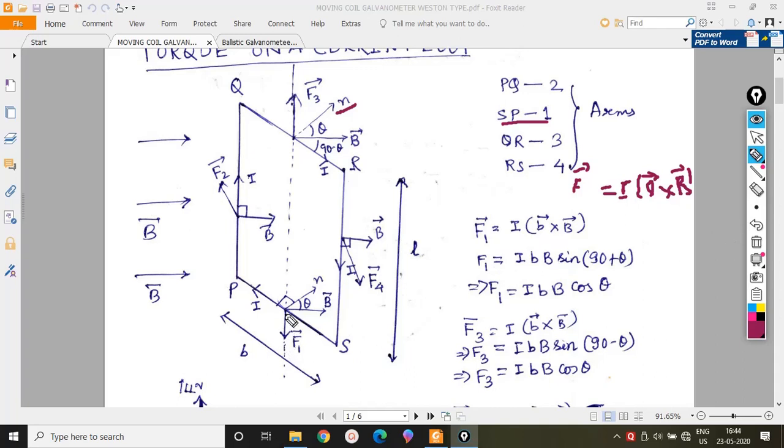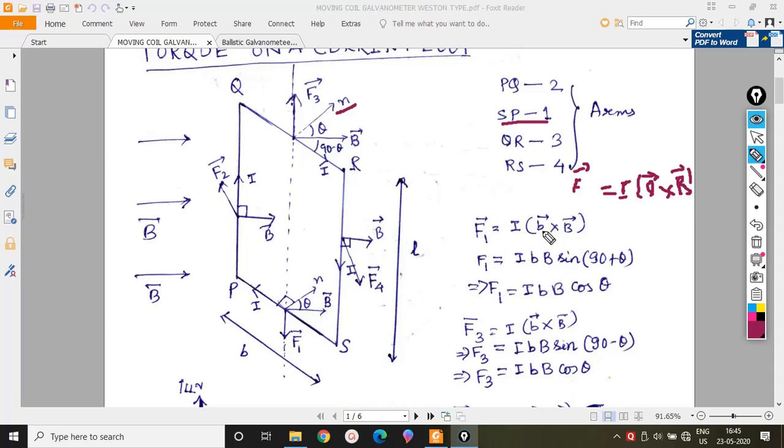So here we have the current and the magnetic field direction. Our expression for force F1 in vector notation equals I, which is the current, times b vector, because instead of L here we have b, since the side SP is equal to b, crossed with capital B, which is your magnetic field.